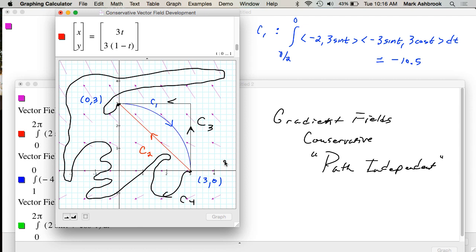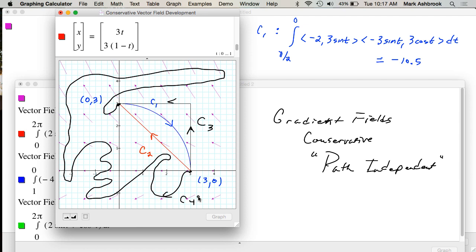We just showed it, right? To make this closed loop 0, we can go any way we want back from 3, 0 to 0, 3. And we know that the total loop needs to be 0. Therefore, C2, C3, C4, they all give a work value of 10.5. And that's the idea of path independence.